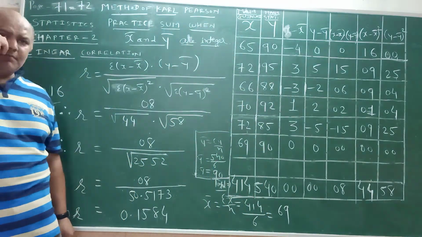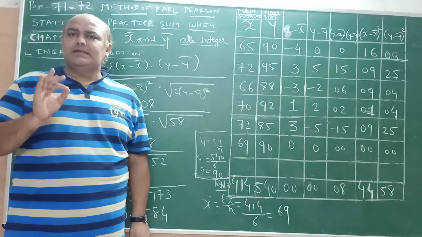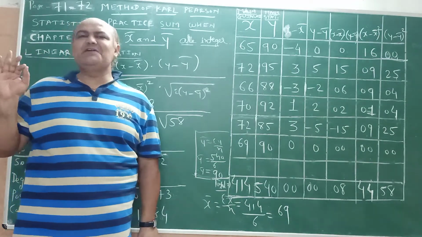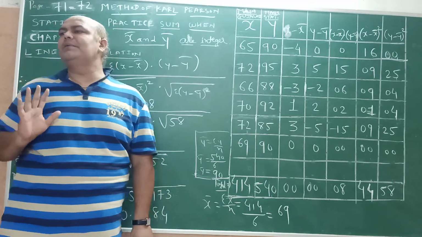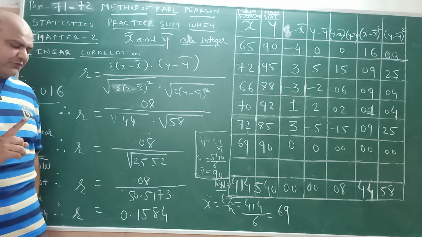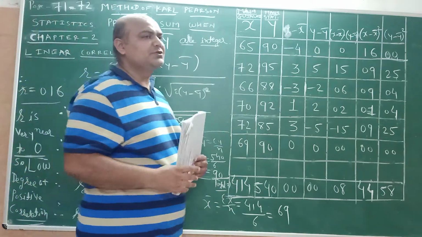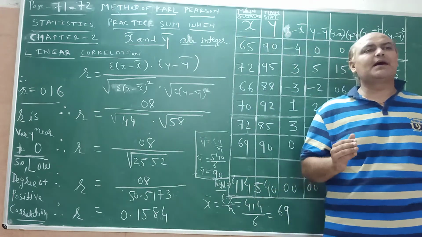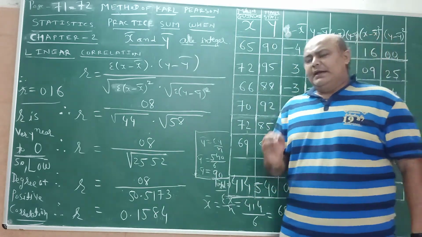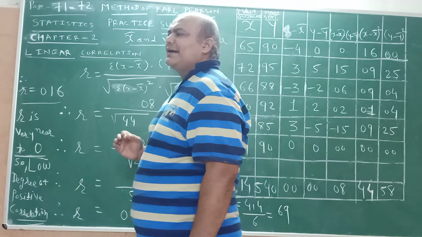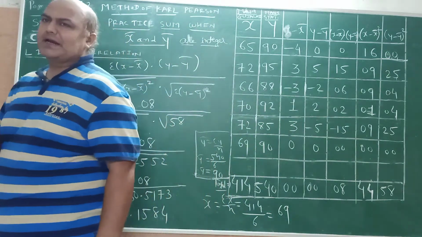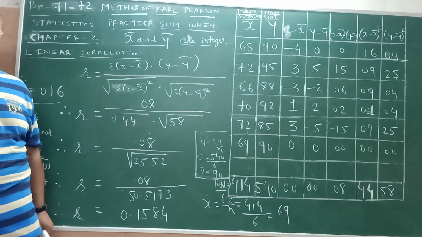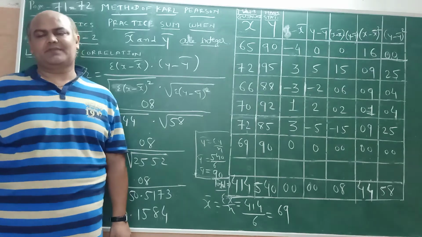So we have to apply the second formula of Karl Pearson, that is r is equal to sigma (x minus x bar)(y minus y bar) upon under root sigma (x minus x bar) square into under root sigma (y minus y bar) square.